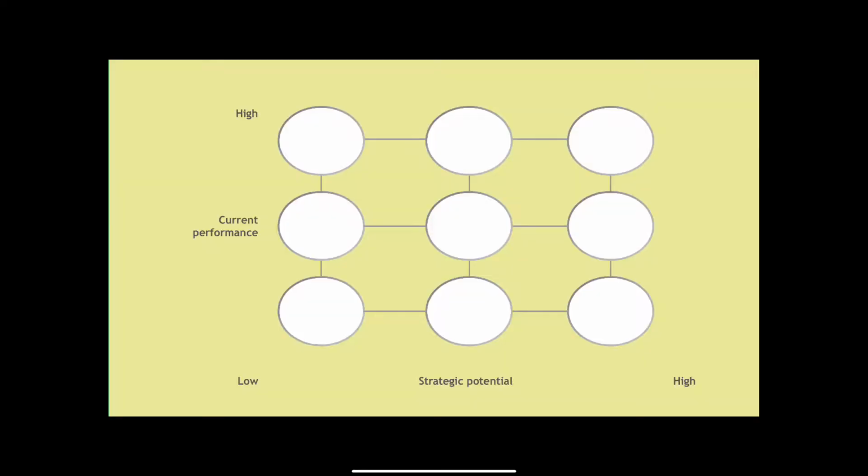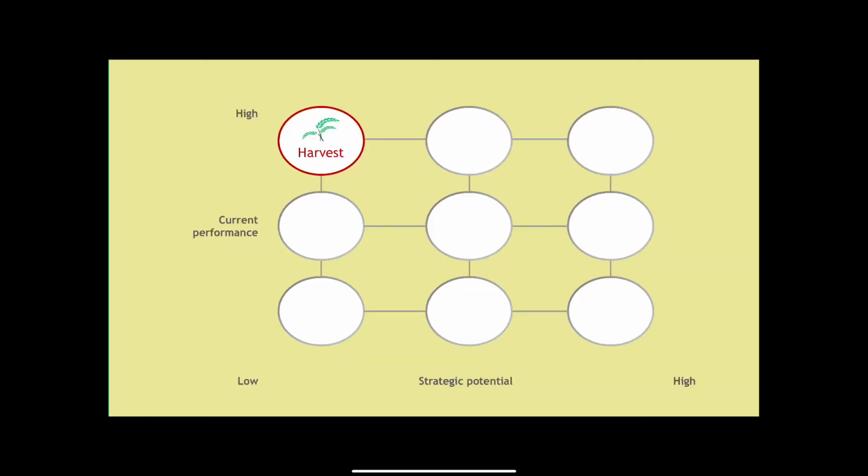So now with these two axes we have a two-dimensional framework, and in our view of SRM, we populate this framework with 9 distinct interaction models, and you see them here. So let's now systematically go through each of these 9 interaction models, starting from the top left-hand side corner.